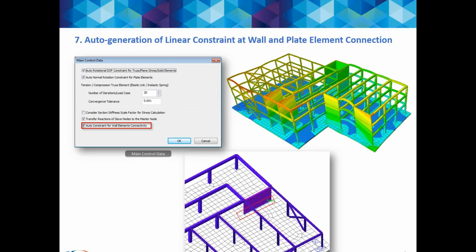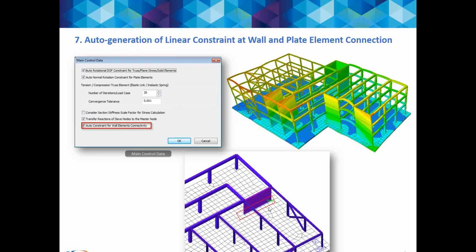When you use plate elements for mat foundation or slab with wall elements, just like this picture, this option will be very useful. Connectivity between the wall element and meshed plate elements can be automatically considered by checking on this option, auto constraint for wall element connectivity.